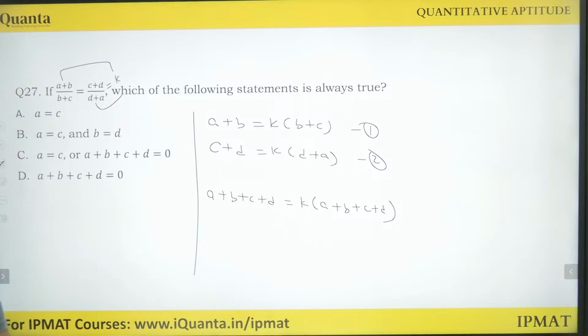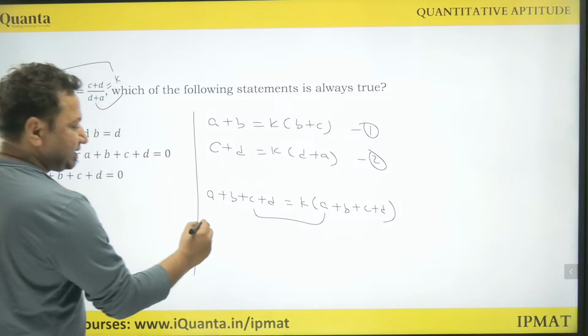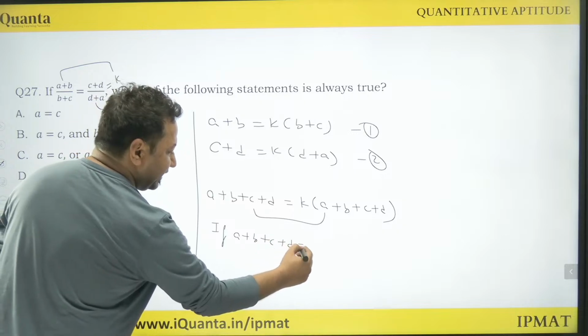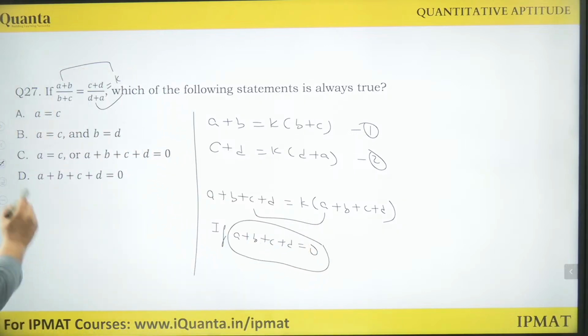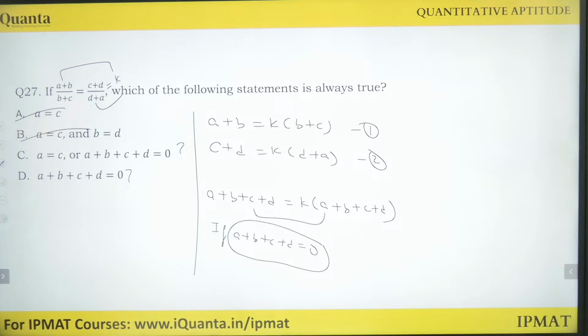Alright? So these will be equal in the case if A plus B plus C plus D equals 0, right? Then both will be equal. So if you look at that, we have C and D options like that. A and B get eliminated. It's either C or D. Alright. In C we also have A is equal to C. So if you look at the first ratio, B and B are common.